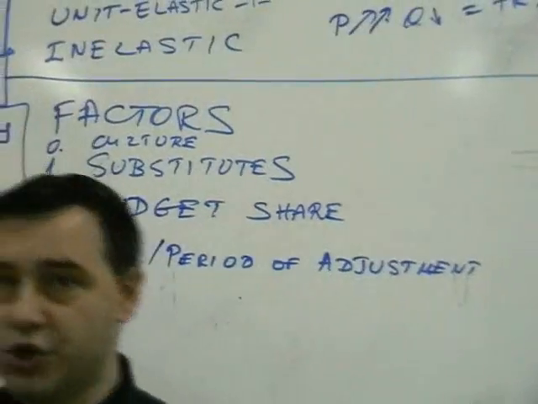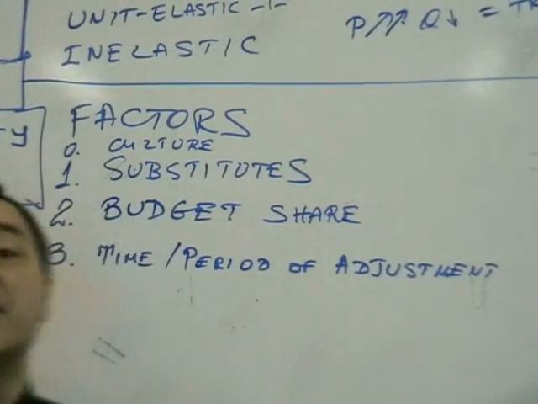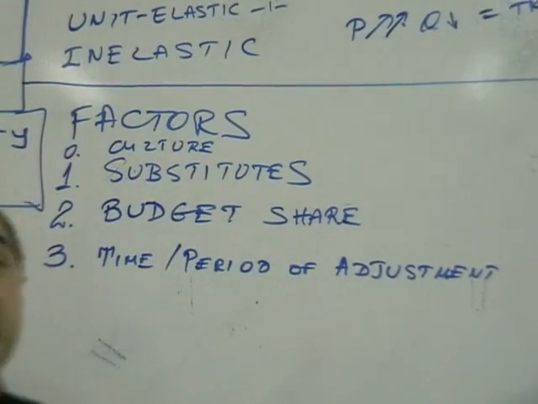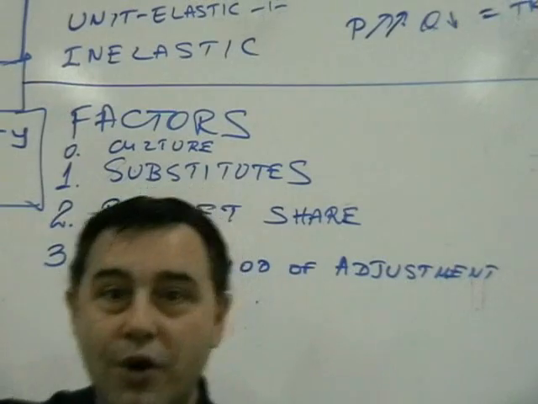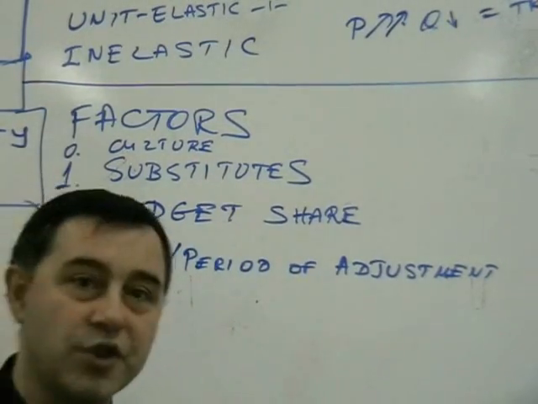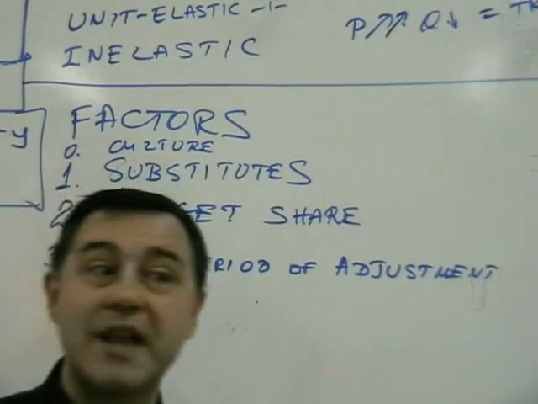The shorter the period of reaction, the more inelastic it is. If I go to the store and they double the price of bread for me, in one day I can't respond. I'll buy it, and next time I'll be looking to buy it somewhere else.